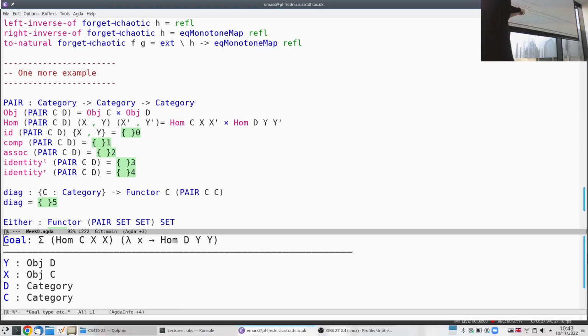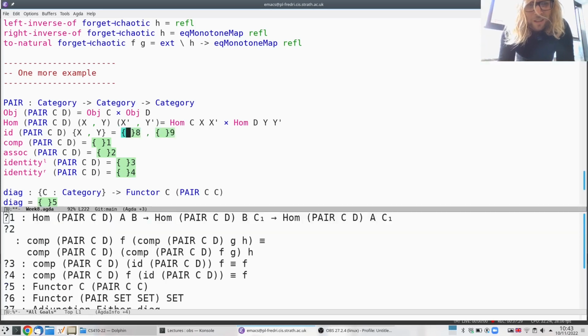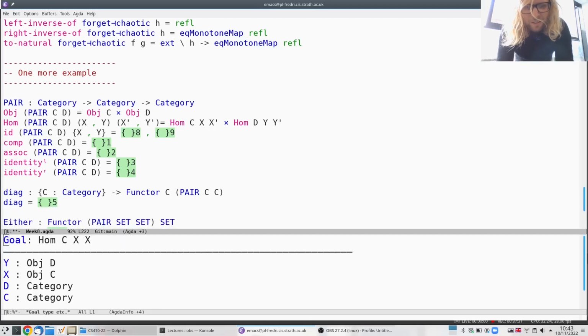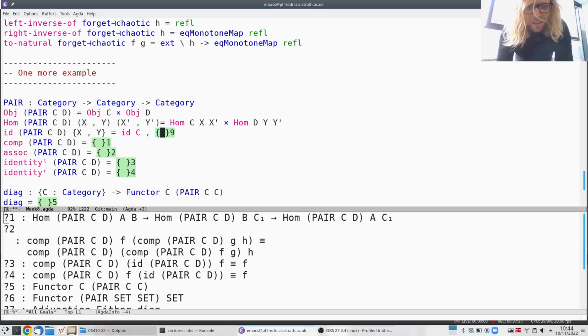And the lambda here is because the Cartesian product in Set gets desugared to a sigma, which doesn't actually depend. The second component doesn't actually depend on it. So this is something comma something. And then here I want this, so that's the identity in C, right? It fits here. And this is the identity in D.